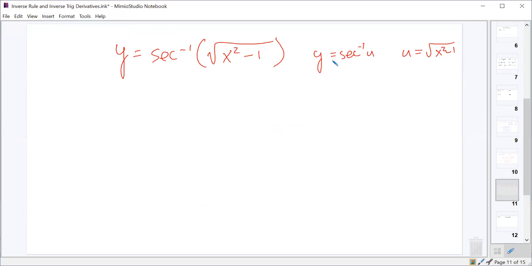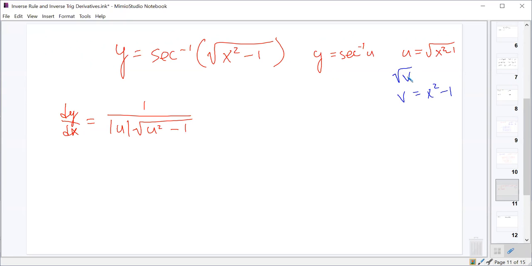Inverse secant of u, that one looks like what? One over the absolute value of u times the square root of u squared minus 1, right? And then we need to multiply that by the derivative of u, which is the square root of v, with v equal to x squared minus 1.